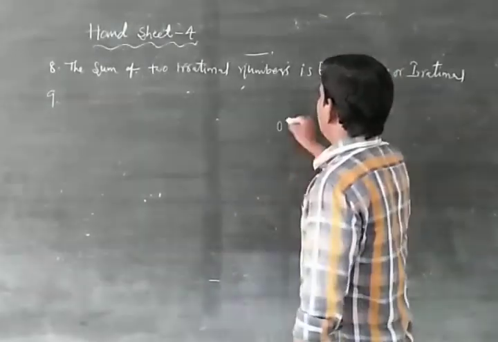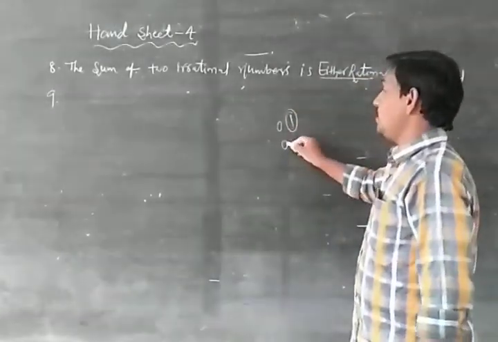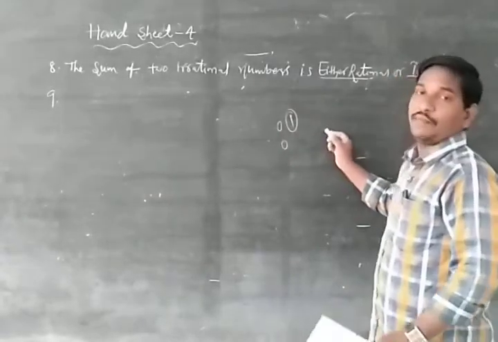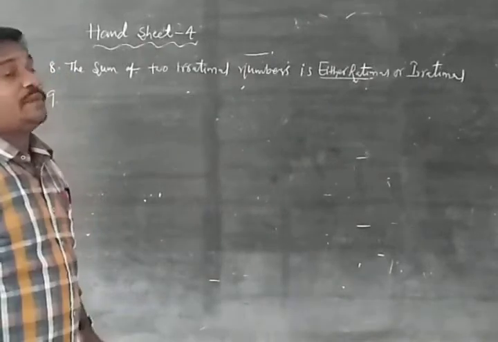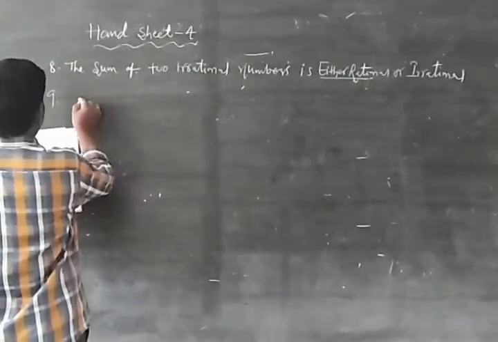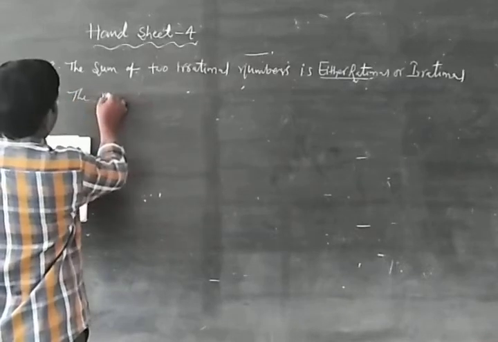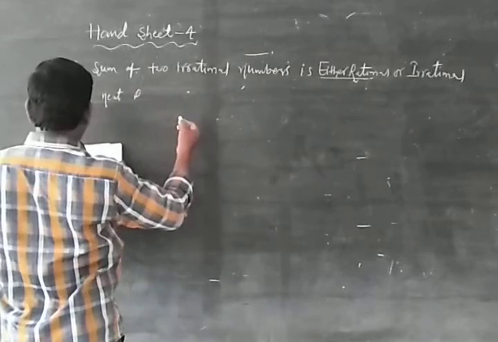So 0 after 1 is a rational number. But we cannot determine the next irrational number. So the next irrational number of 0 cannot be determined.